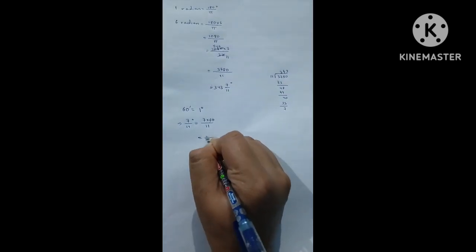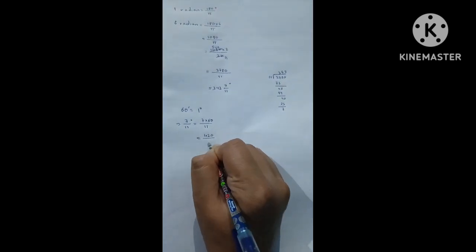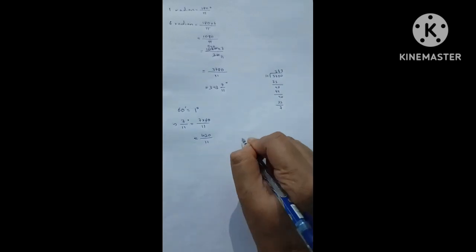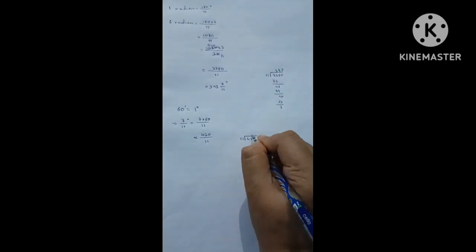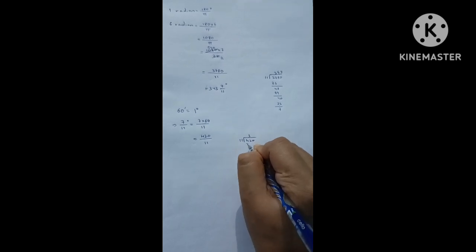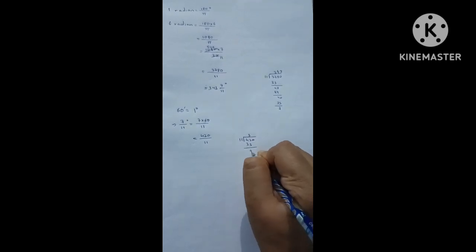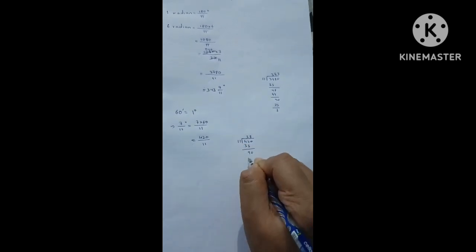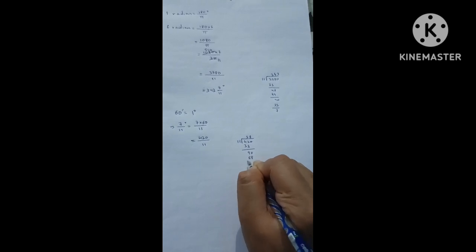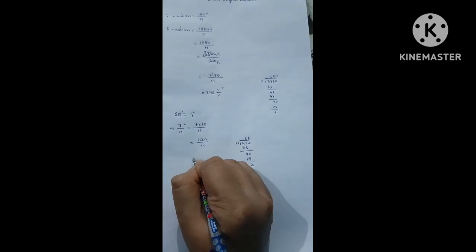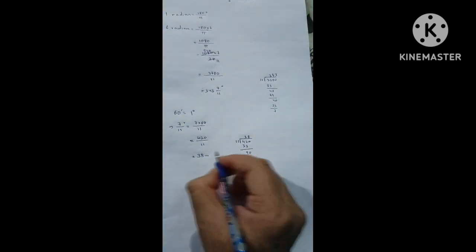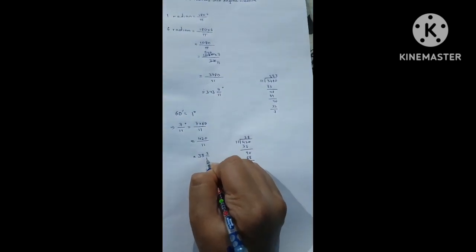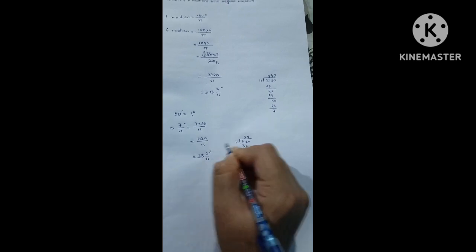This is equal to 420 by 11. Now simplifying this we get 38 into 2 upon 11 minutes.